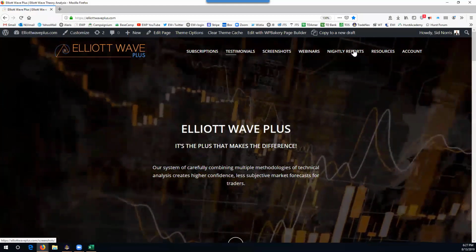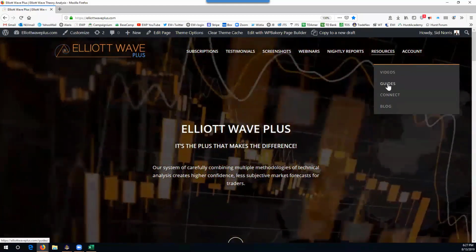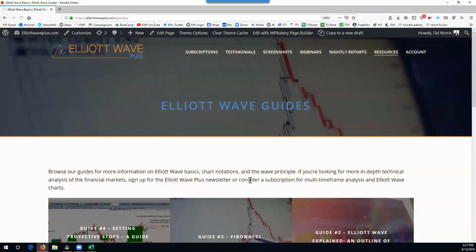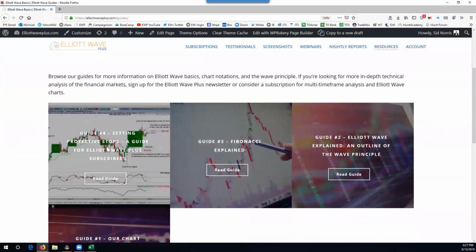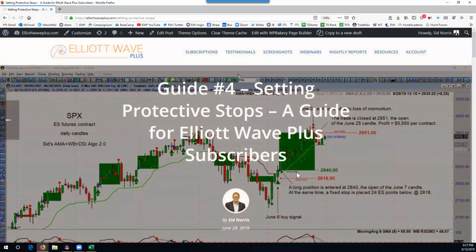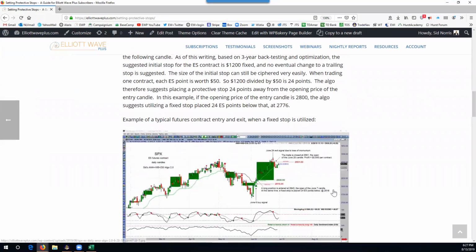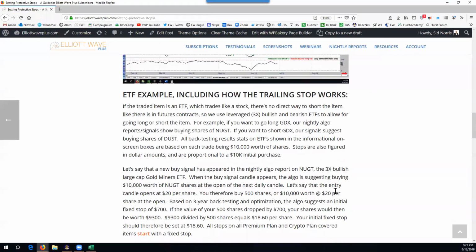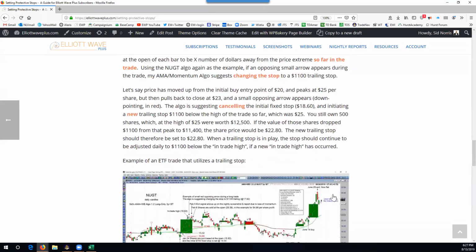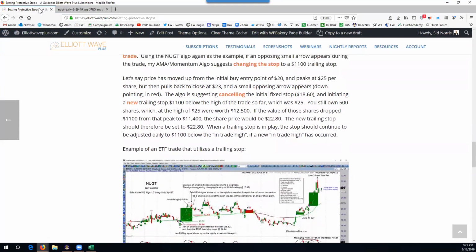Go to Elliott Way Plus, go to resources, go to guides, and there's something you can all find there, setting protective stops, and it shows you how to figure protective stops, not only on futures contracts, but also on ETFs.